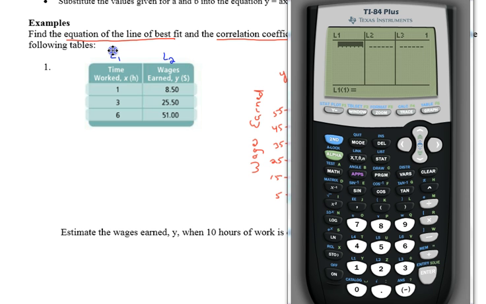So L1 is going to be our independent variable, and L2 is going to be our dependent variable. In L1 I'm going to enter 1, then 3, then 6. And then in L2 I'm going to enter $8.50, $25.50, and $51.